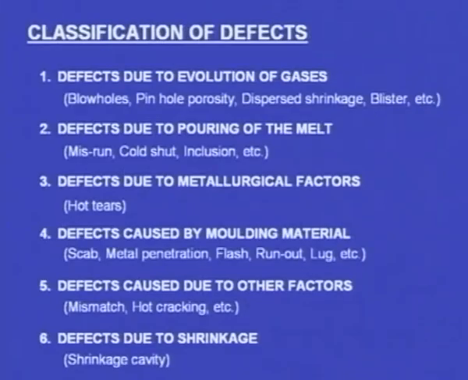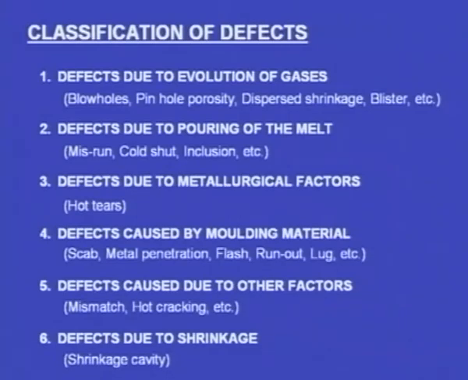So, in this episode we have seen the classification of the defects. We have seen that there are different types of defects, defects due to evolution of gases, and under that we have learnt about blowholes, pinhole porosity, dispersive shrinkage and blister, and we have seen defects caused due to pouring of the melt.